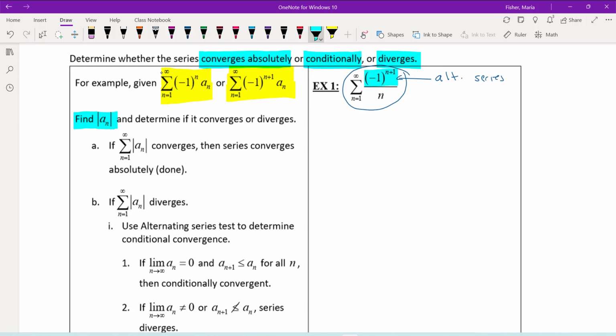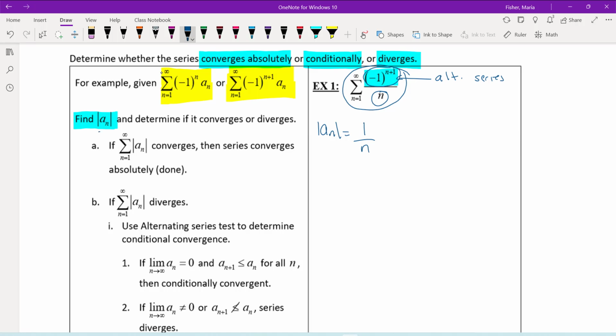So the first thing I do is take the absolute value. The absolute value of 1 is 1, and the absolute value of negative 1 is 1, and the absolute value of n is just n. So the absolute value of this series is 1 over n.